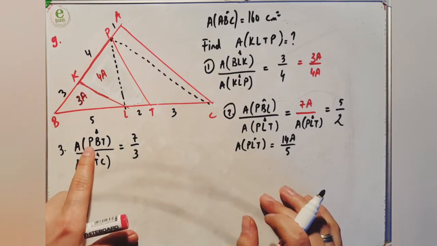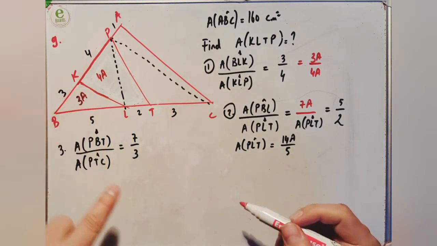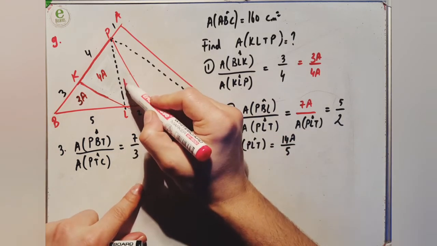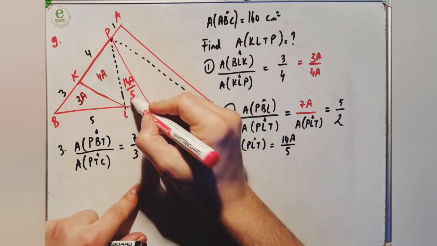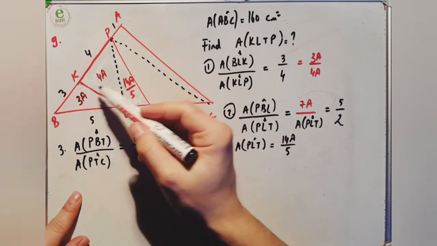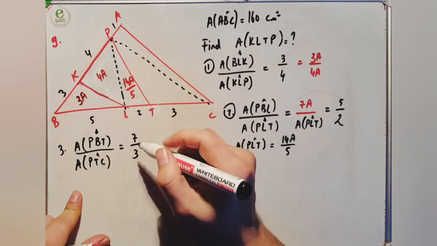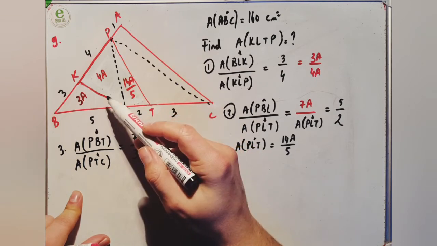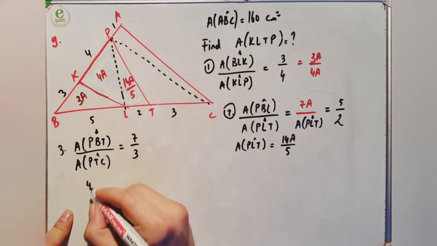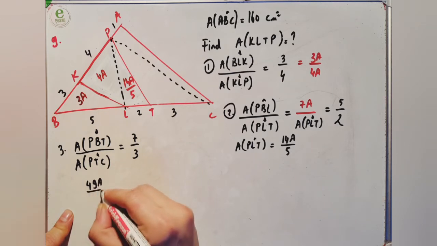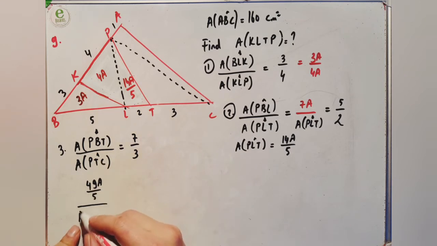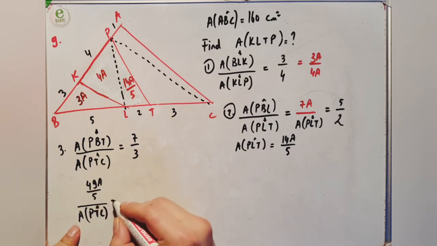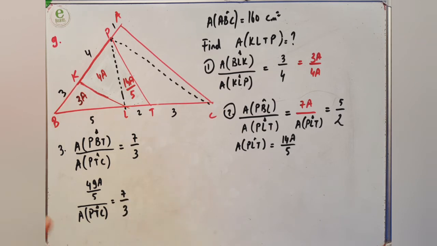So the area of PBT is 7A plus 14A over 5, which will be 5 times 7, 35, 49A over 5, over the area of PTC is equal to 7 over 3.